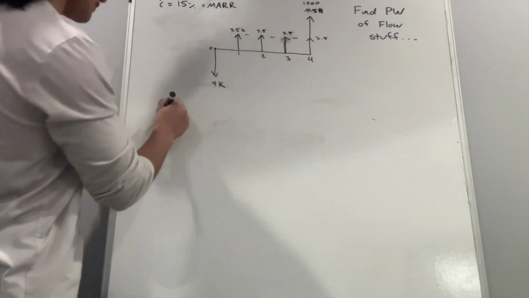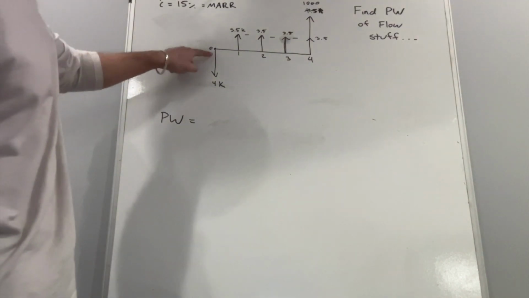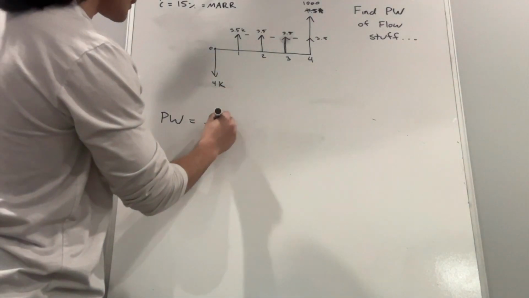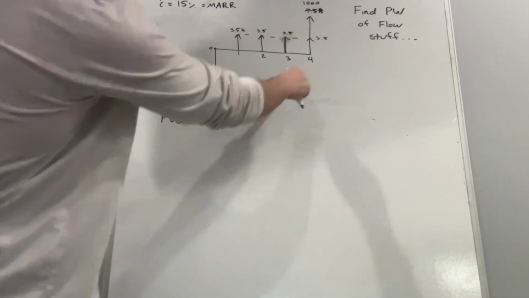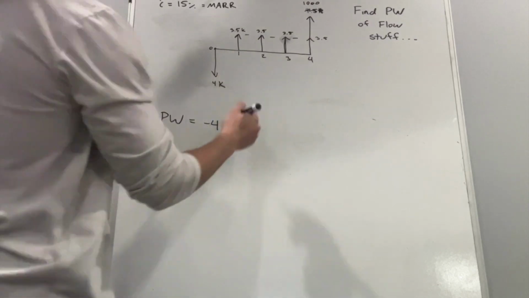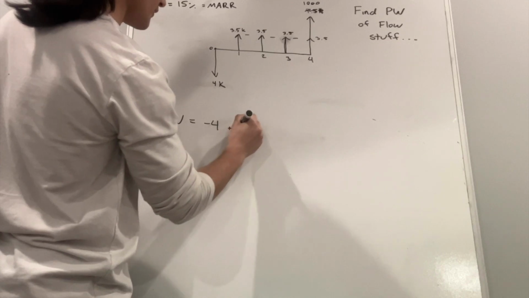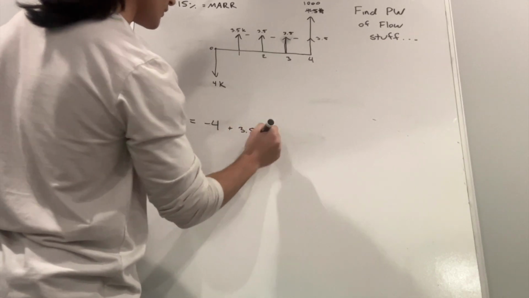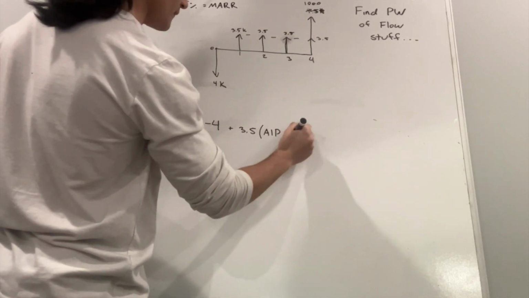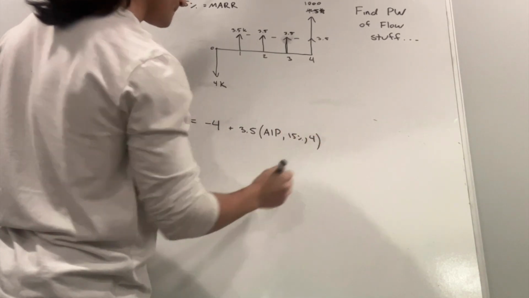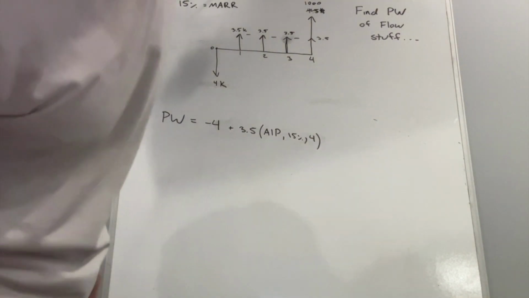So I'll do PW. This is already at time 0, so it's going downwards, negative 4k. I'll just write negative 4. Then 3.5, we're bringing it back 1, 2, 3, 4, and it's positive, so plus 3.5 A given P, 15%, 4.